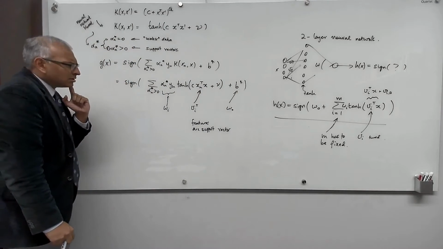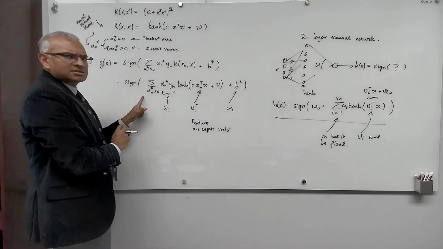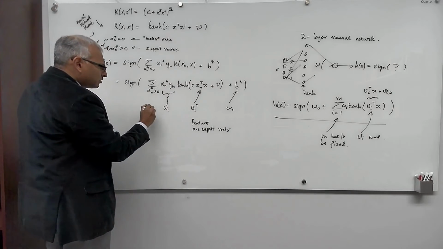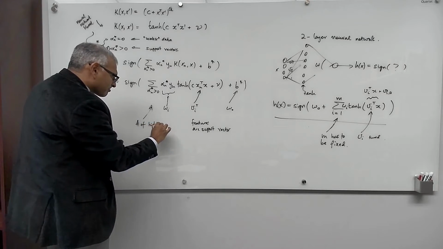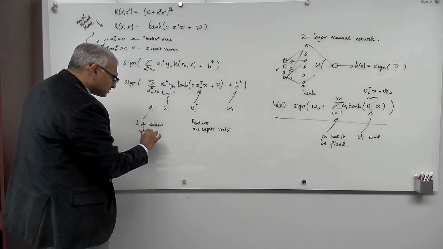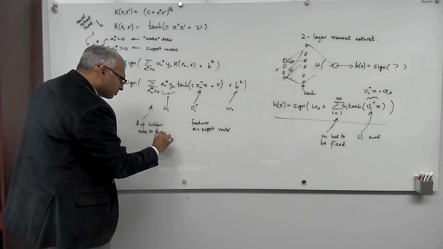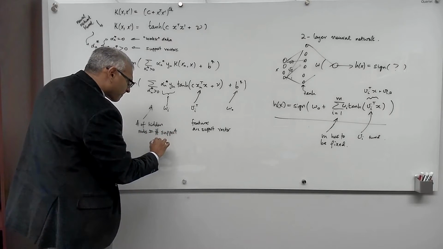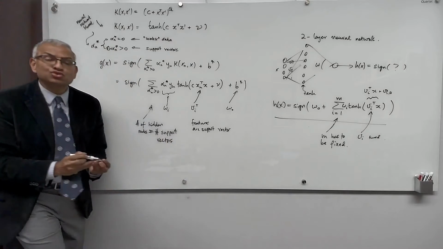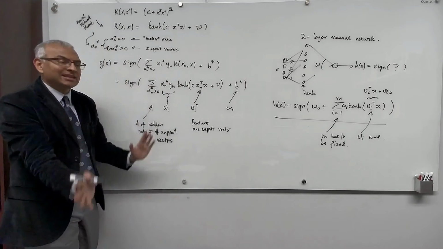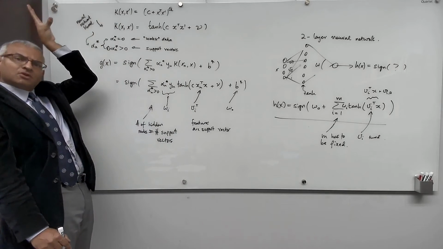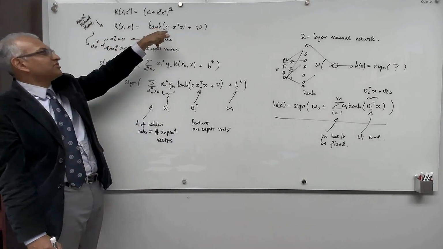And then, how many hidden nodes are in this neural network? The number of hidden nodes is equal to the number of support vectors. You don't get to choose it. You don't even need to. So all this gets automatically set in the optimal hyperplane algorithm with this kernel.